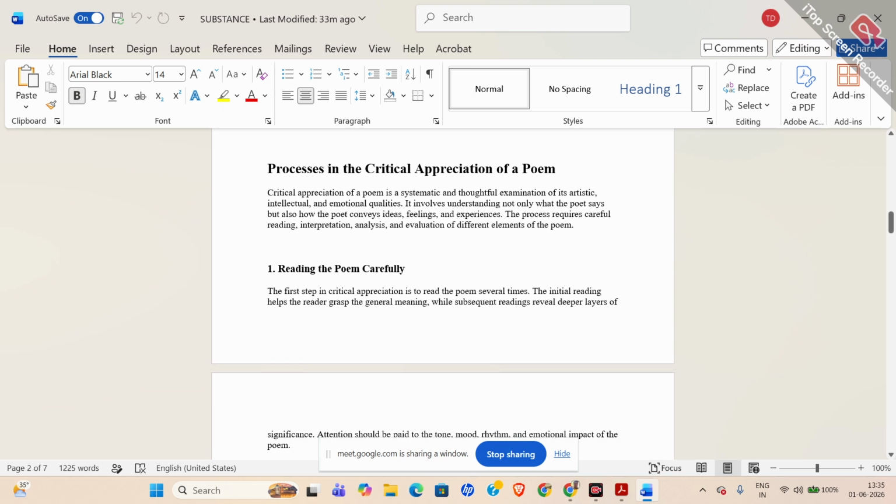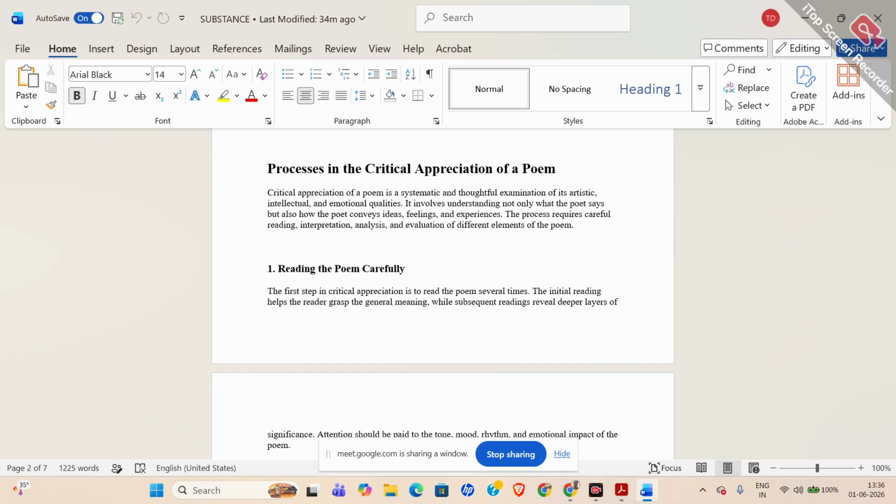Now, processes in the critical appreciation of a poem. এতক্ষণ আমরা সাবস্টেন্সের ব্যাপারটা দেখছিলাম, আশা করি বুঝতে পেরেছো। So let us pass on to the process of writing the critical note. Critical note কথাটার মধ্যেই there is a sense of appraisal or judgment. একটা জাজমেন্টের ব্যাপার রয়েছে। Critical appreciation of a poem is a systematic and thoughtful examination of its artistic, intellectual, and emotional qualities.